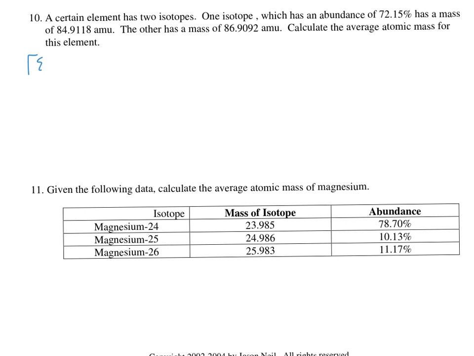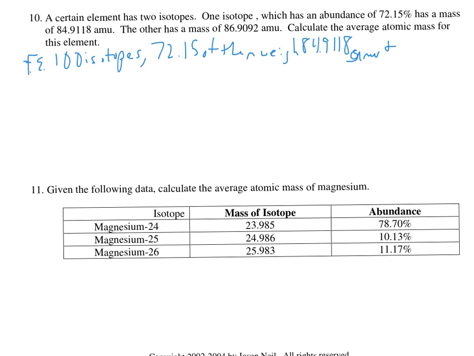We know that for every 100 isotopes, 72.15 of them weigh 84.9118 grams, or I should say AMUs.